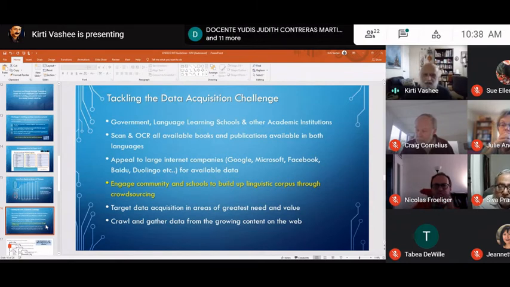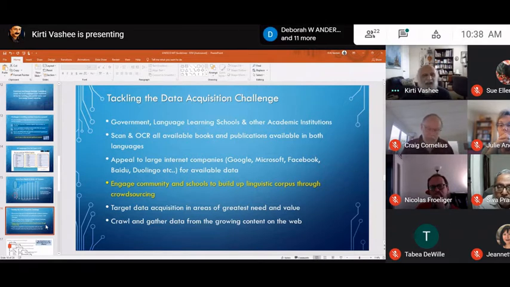The more successful countries are in being able to engage the community and the schools in building up linguistic corpus, through a volunteer crowdsourcing kind of effort, the more likely it is you can start building up enough corpus to build MT systems for these what are called low resource languages.